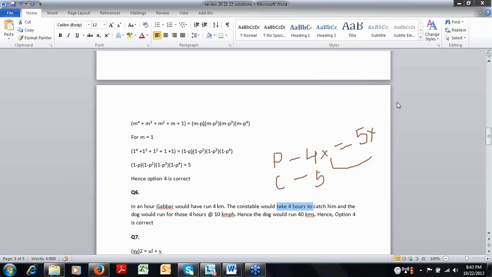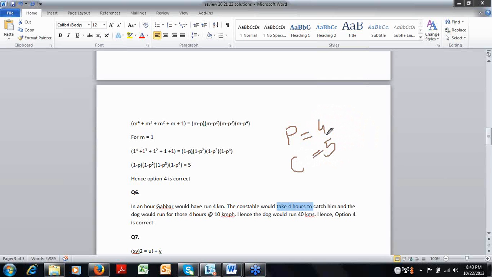Just a minute, hold on. Yeah, prisoner is at 4 km per hour and constable at 5 km per hour.